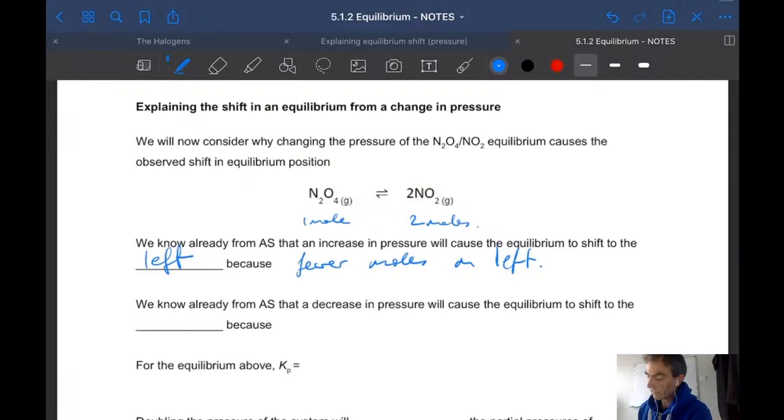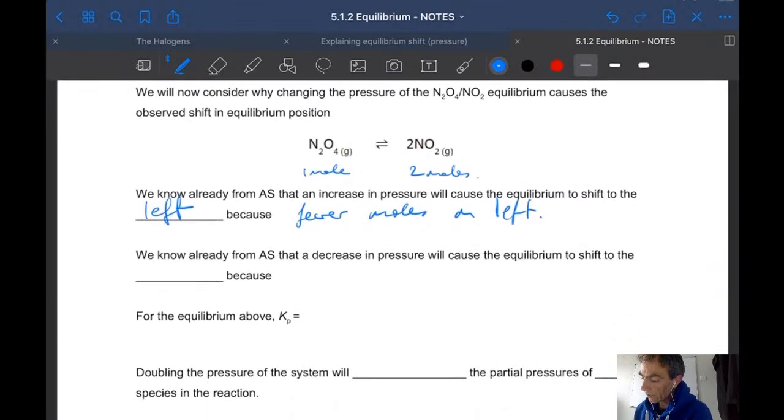Increase in pressure favours the side with the fewest moles. So that's the Le Chatelier's principle way of explaining it. We also know from AS that a decrease in pressure will cause the equilibrium to shift to the right because that side has the most moles.